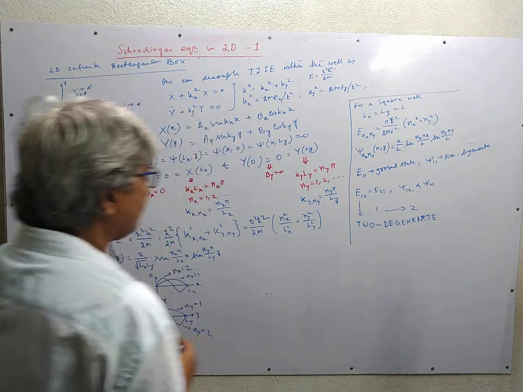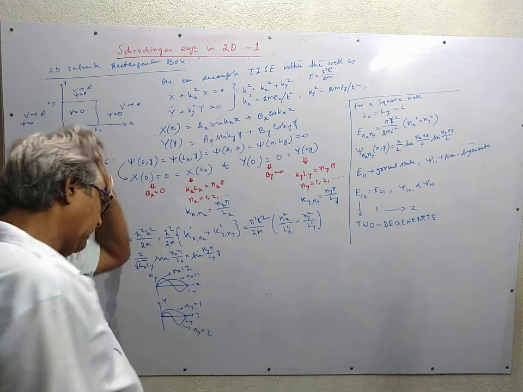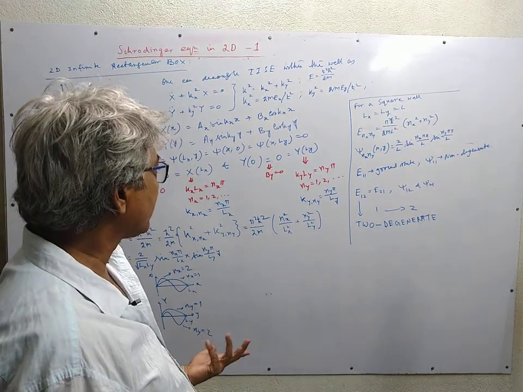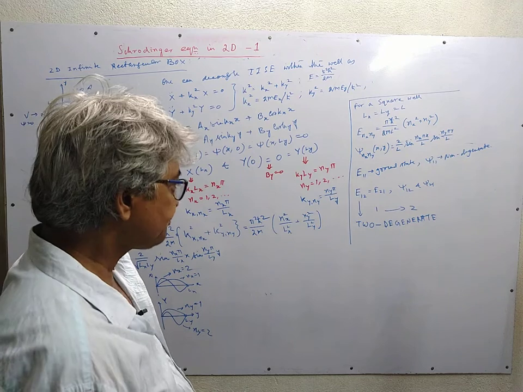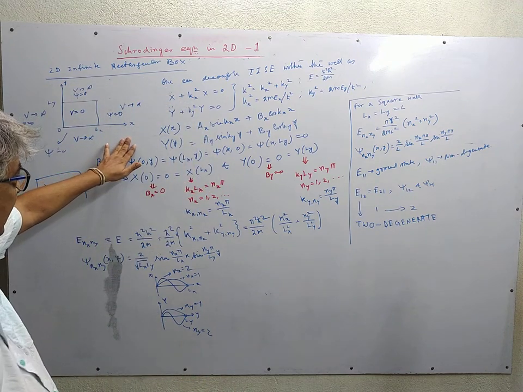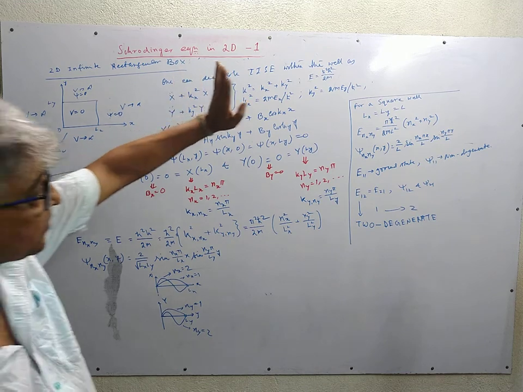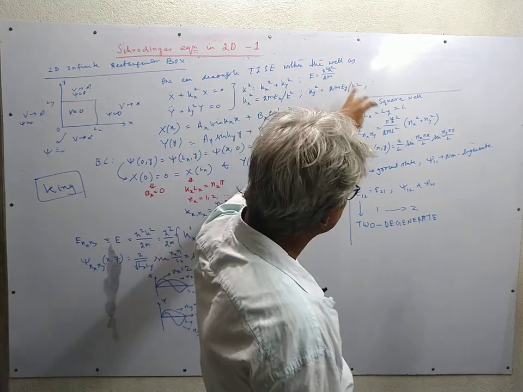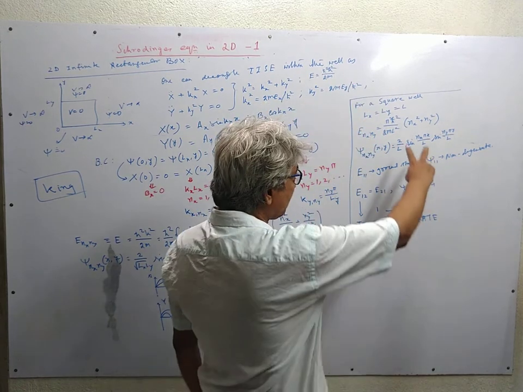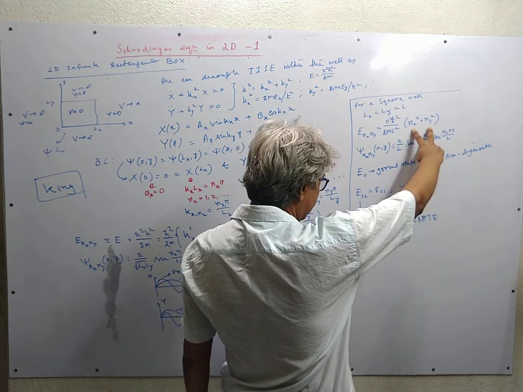You might be familiar with the concept of degeneracy in connection with the vector atom model of the hydrogen atom. For a rectangular well, in general there is no degeneracy. But when we come to the square well, this is a question of degeneracy. If both the quantum numbers are the same, then the energy level is non-degenerate.